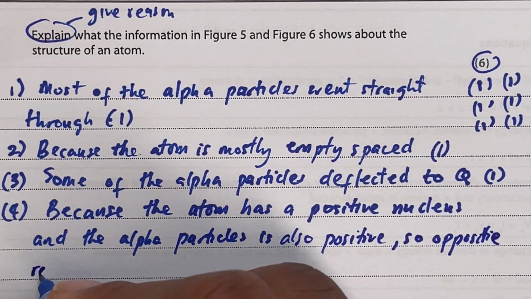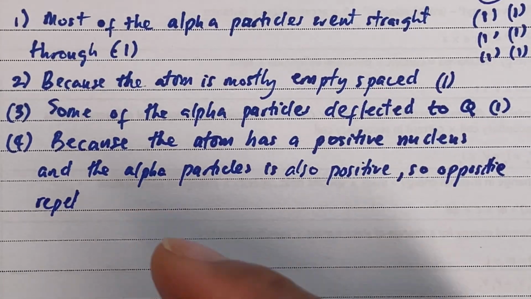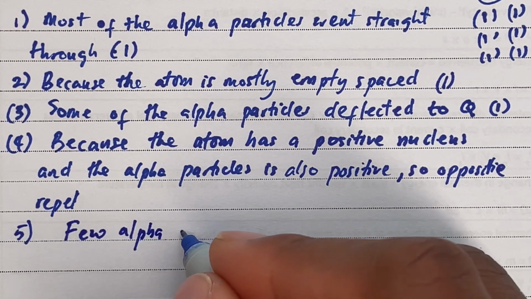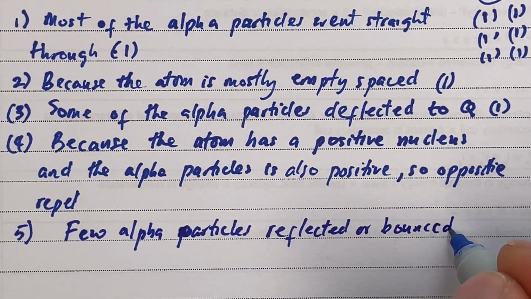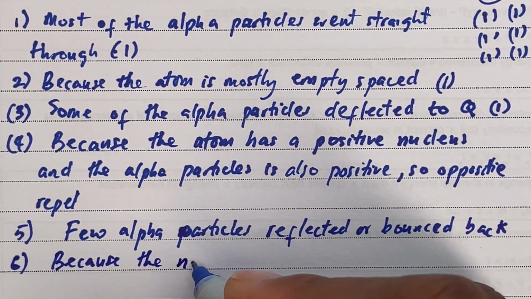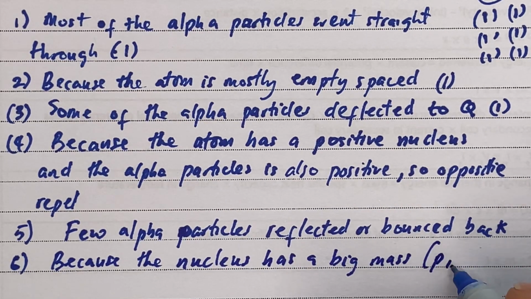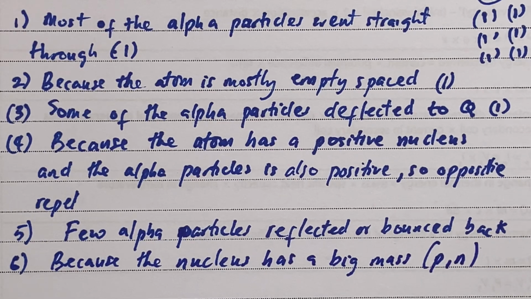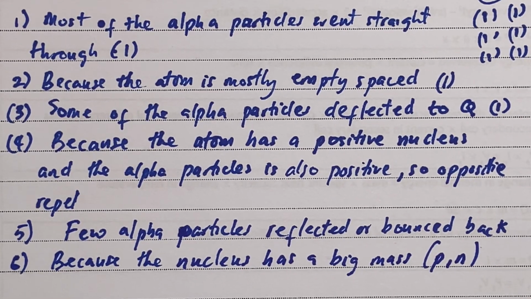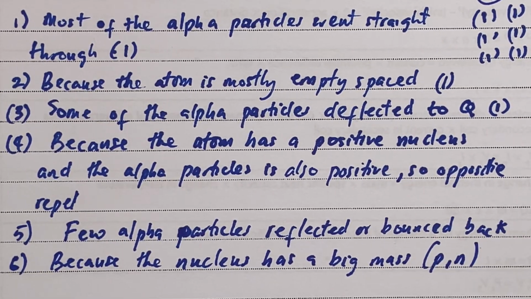So opposite charges attract, like charges repel. My last point would be few alpha particles reflected or bounced back because the nucleus has a big mass. Remember, we have protons and neutrons in the nucleus, so the mass of the nucleus is heavier, so that will reflect the alpha particles. So that's my 6 mark answer.